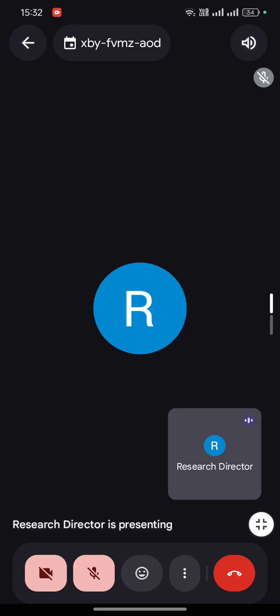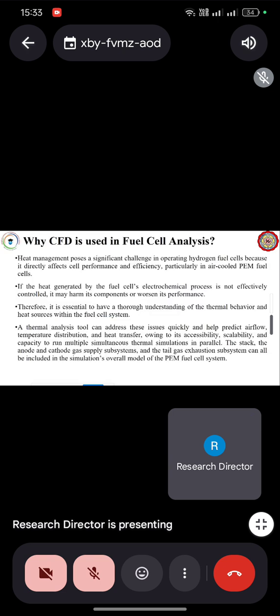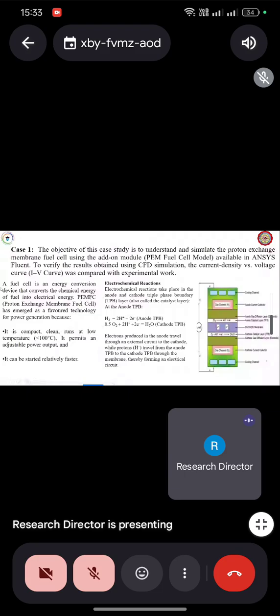Now I will go back. First, we have to understand that a fuel cell is an energy conversion device.